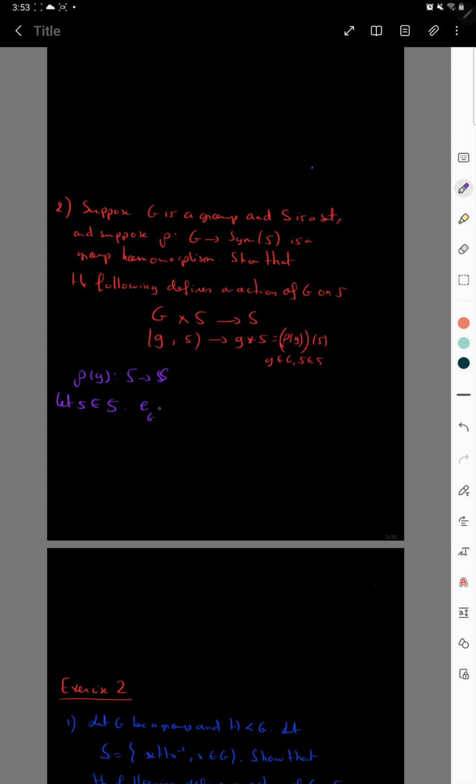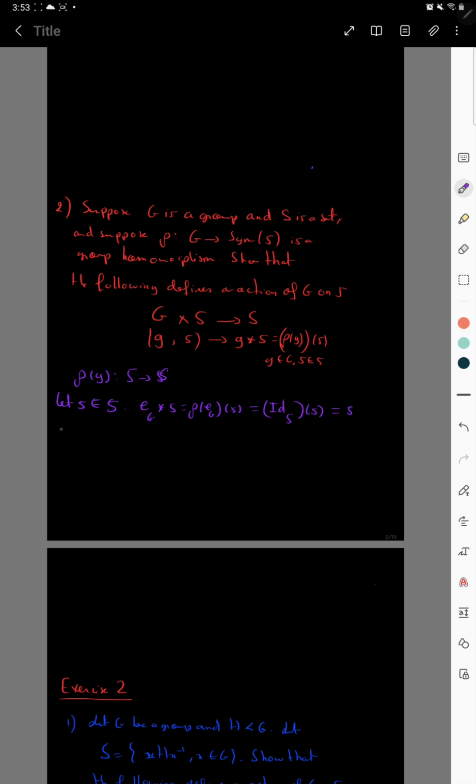So let s be in S. What is e_G star s? This is just rho of e_G of s. Now rho of e_G, since rho is a homomorphism, is just the identity function on S, because a group homomorphism takes the identity of G to the identity of Sym(S). So what's the identity on Sym(S)? It's the identity function that sends every element to itself.